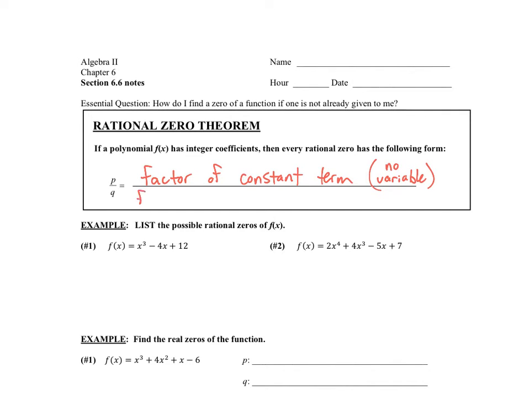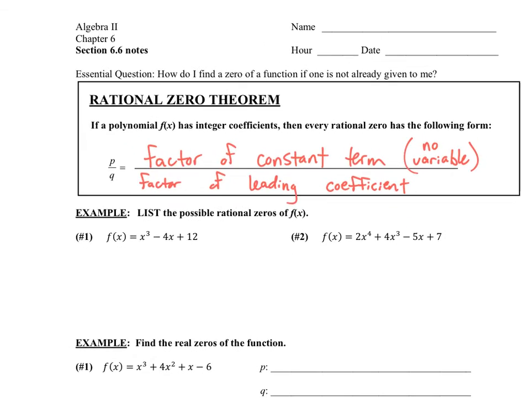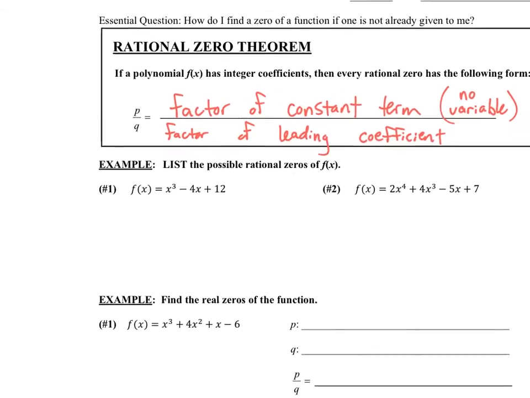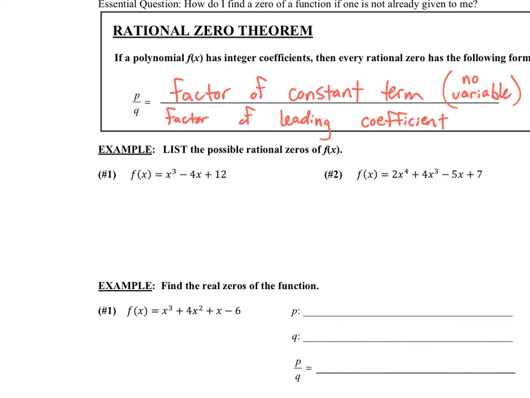And the Q is the factor of the leading coefficient. Okay, so how we would do this is the P's are the factors of the constant term, and the Q's are the factors of the leading coefficient.